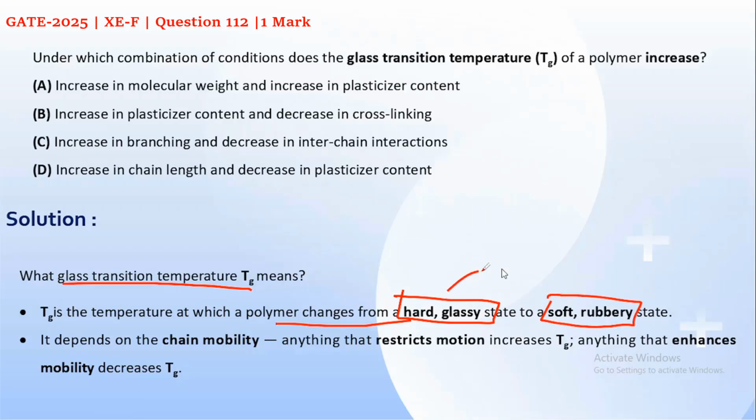So it depends on chain mobility. Anything that restricts the motion of chains increases the glass transition temperature, and anything that enhances the mobility decreases it. So this is the fundamental.